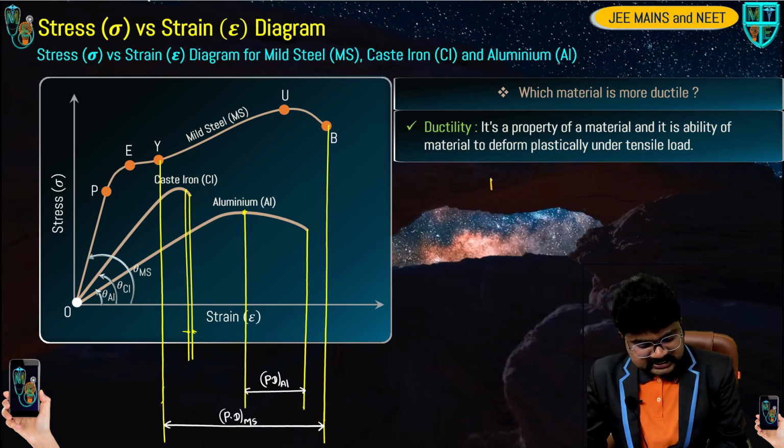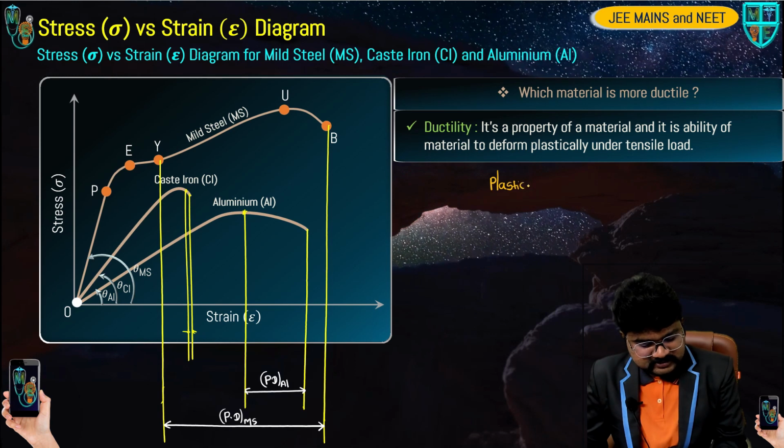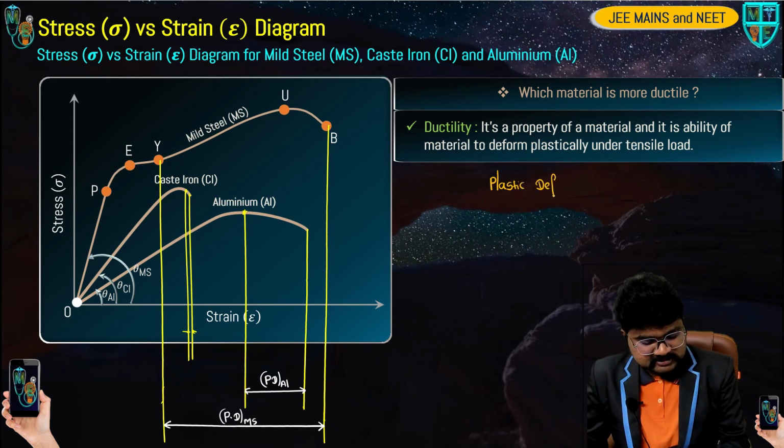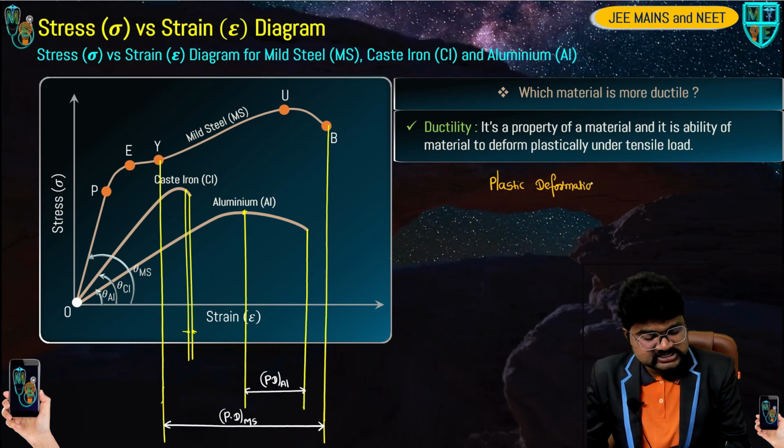Plastic deformation is nothing but deformation of the material in the plastic region.